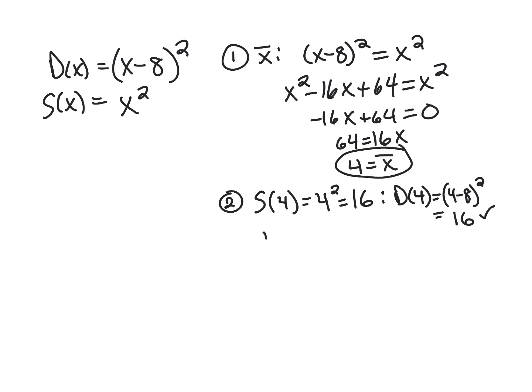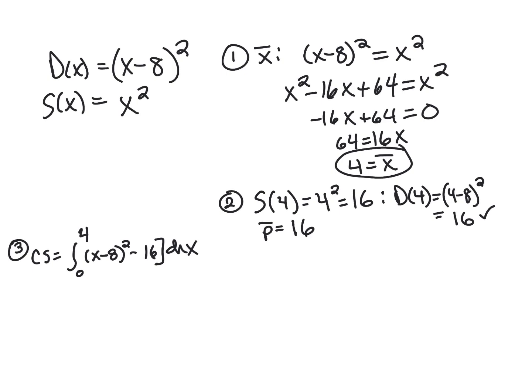So P bar equals 16. Now, step 3, consumer surplus is the integral from 0 to x bar, which is 4, of the demand function minus the P bar dx.